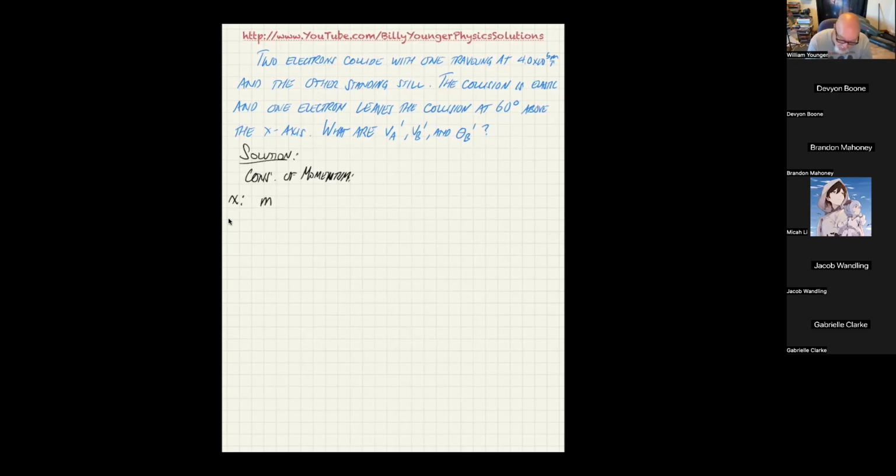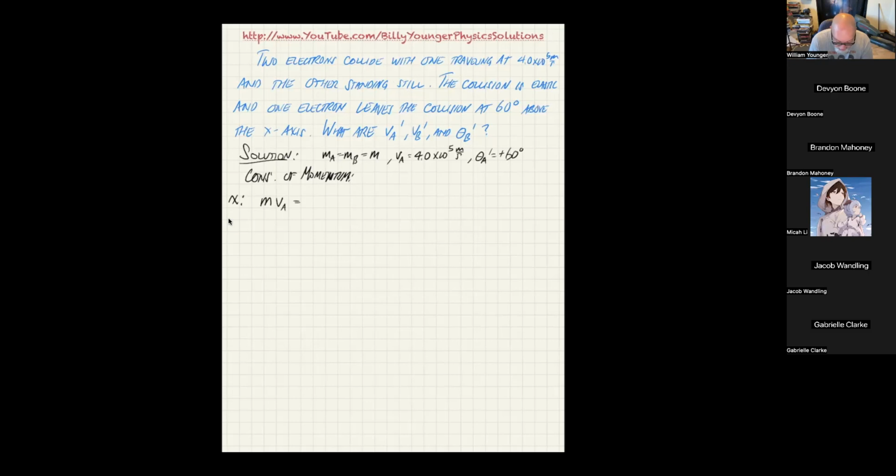So I'll say again that MA is equal to MB is equal to M. And VA is something we know. That's the 4.0 times 10 to the 5th meters per second. And what we're calling theta A prime is equal to positive 60 degrees. So what I have here is MVA. That's the only momentum initially, and it's exactly parallel to the x-axis. So in the x component, we just get that.